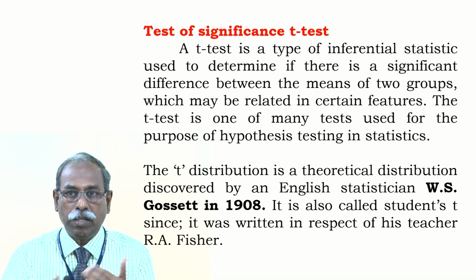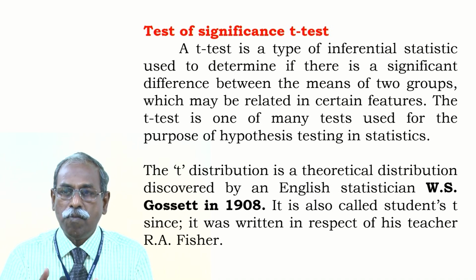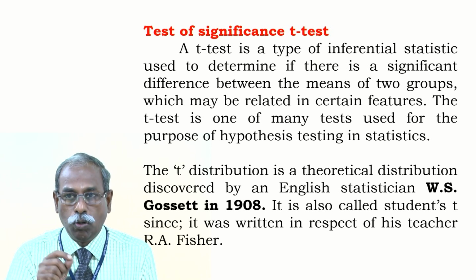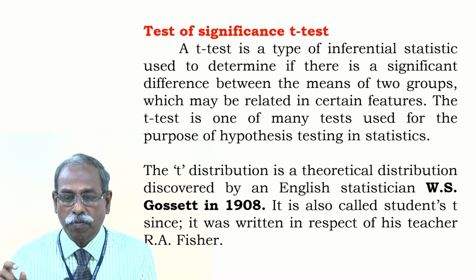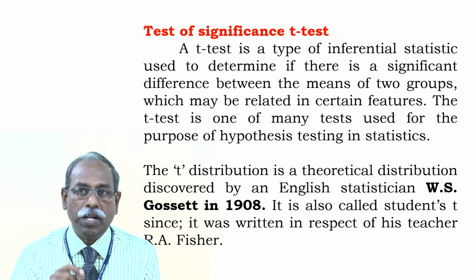Or you can take some other example, rural and urban. There are many examples. Whenever you want to test the significant difference between two group means, say male and female, in that condition you will select only the t-test.